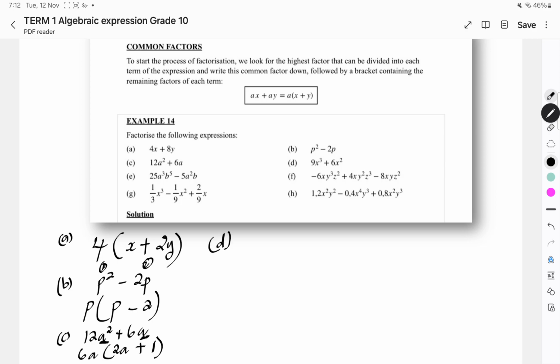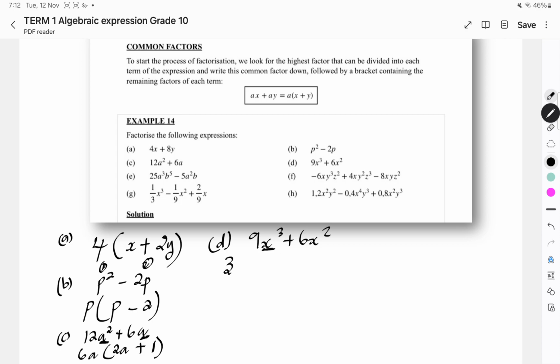Let's go to number D. Number D, I'm having 9x cubed plus 6x squared. Now I check, do I have a common factor? Because the question will just say factorize. I see I have 9, I have 6. There is a number that can go into 9 and also go into 6. It's 1, also 3. You can't choose 6 because 6 can't go into 9 without leaving a remainder. We don't want that. So it's 3.